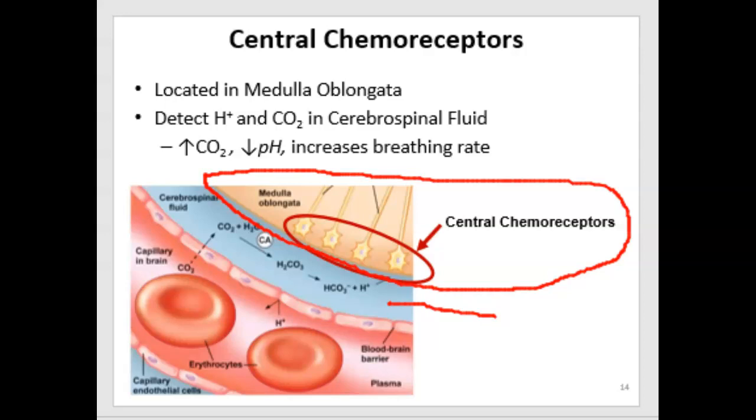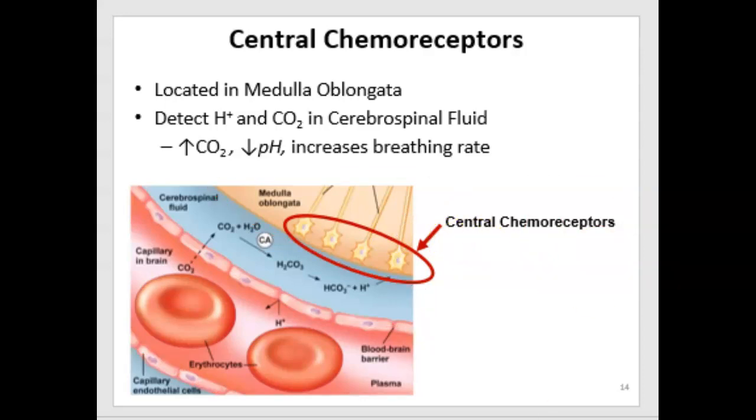And remember, in the ventricle, there's a choroid plexus that is carrying blood inside the ventricle. And then there's also arteries surrounding the outside of the brain that dive deep into the brain. So this is the bloodstream. All right. So it's not really the bloodstream that these medulla oblongata chemoreceptors monitor. It's the cerebral spinal fluid in between.